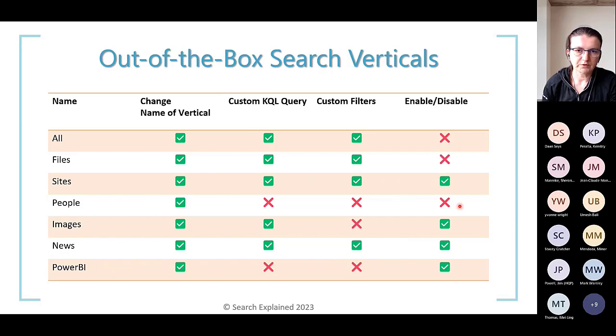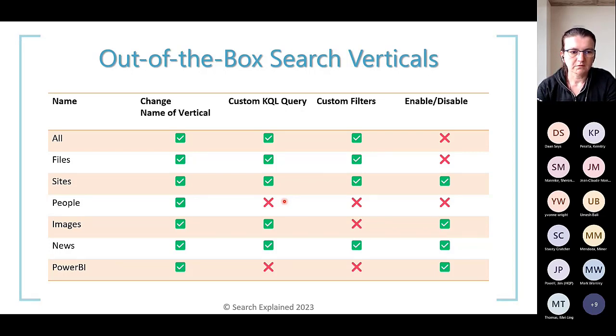Why is it important? Because in some cases, or most organizations who I have been working with would like to hide the service accounts, for example, from search. And KQL would be a good option for that. So you could filter out those service accounts.